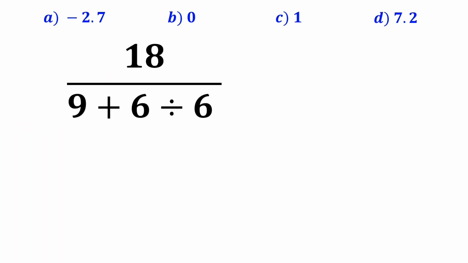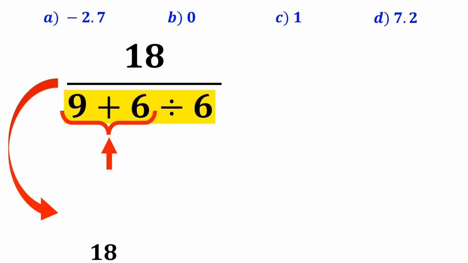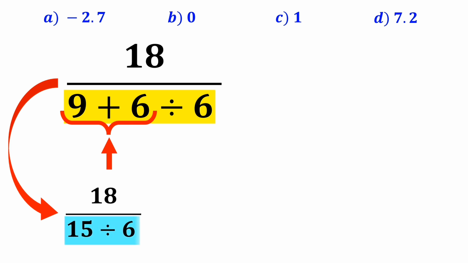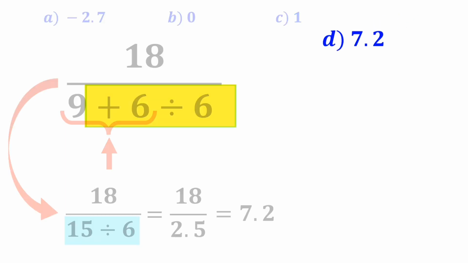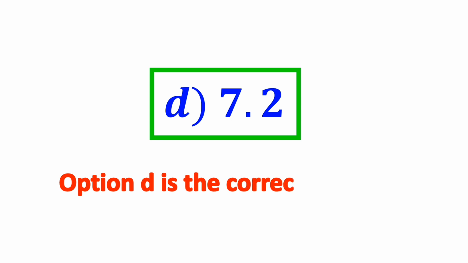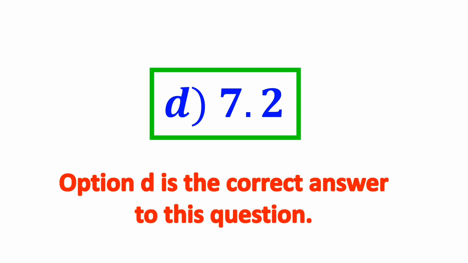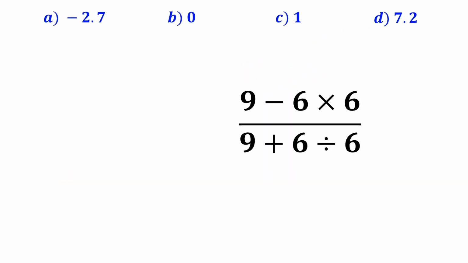In the next step, they move on to the denominator and begin by calculating 9 plus 6 and replacing this expression with 18 over 15 divided by 6, which eventually simplifies to 18 over 2.5. And finally, it equals 7.2. Then, without any hesitation, they say that option D is the correct answer to this question. But it's completely wrong. Now let me show you the correct way to solve this question.